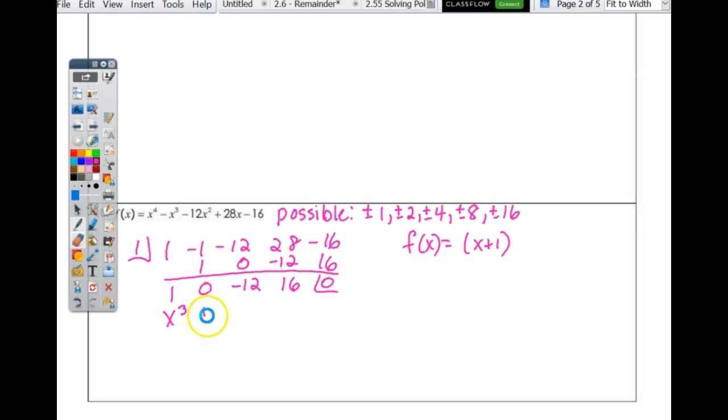I know, faster. So I have x to the third minus 12x plus 16. Does that factor, guys? It doesn't. And I don't have 4 terms.